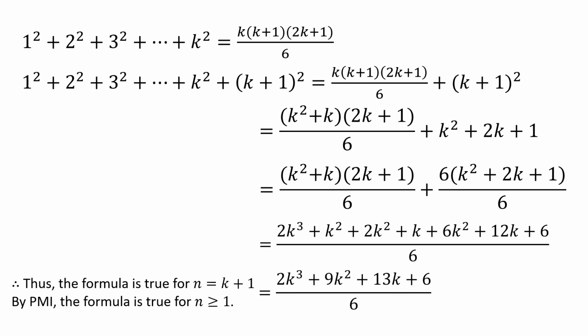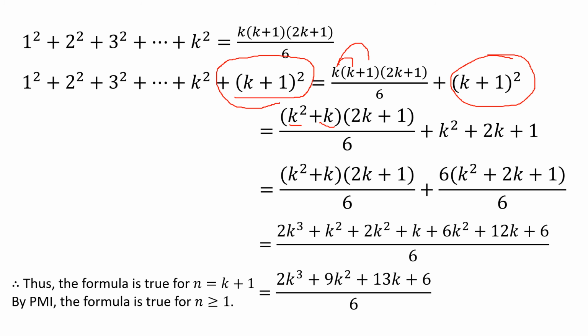Now, let's add both sides of the equation by the quantity k plus 1 squared. So, nag-add kita both sides. And then, let's simplify. So, this becomes, using the distributive property, k times k, that is k squared. Then, k times 1, that is k. And we have, you just copy 2k plus 1.